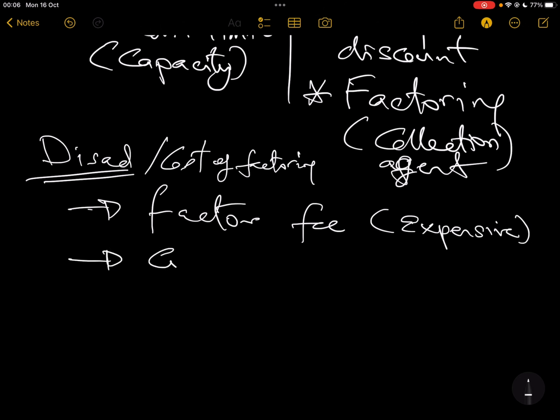Also, customers might be irritated because of the way factors will chase customers. The customers might not want to come to you to buy goods again, because they might be irritated badly by the factor agents.